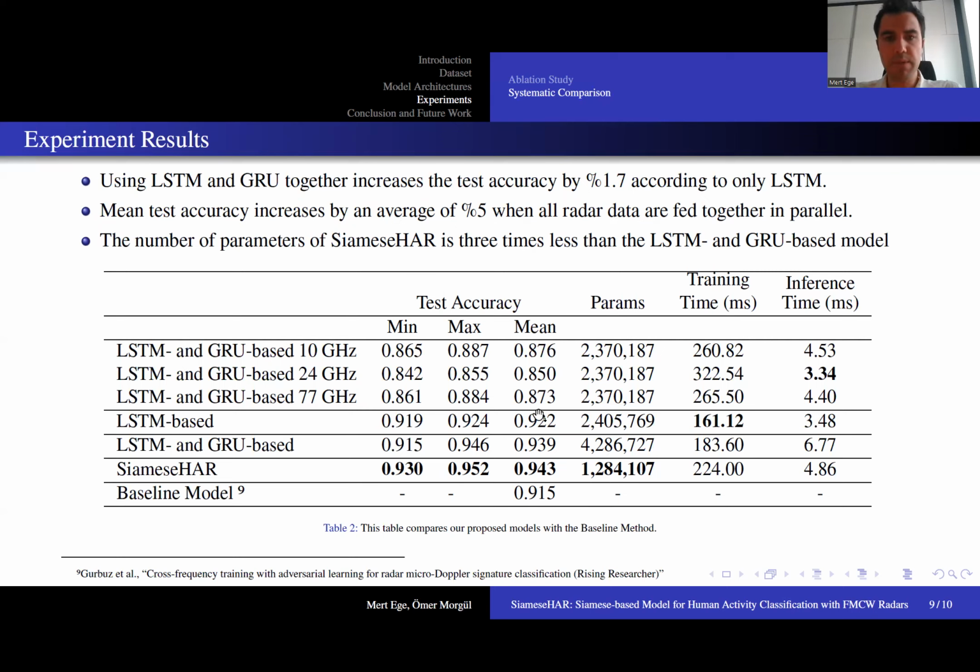And the number of parameters of Siamese-based architectures is 3 times less than the LSTM and GRU-based model. And finally, our proposed SiamesHAR architecture is superior to the baseline model. This baseline model is created by Sevgi Gürbüz, and this model uses a convolutional autoencoder.